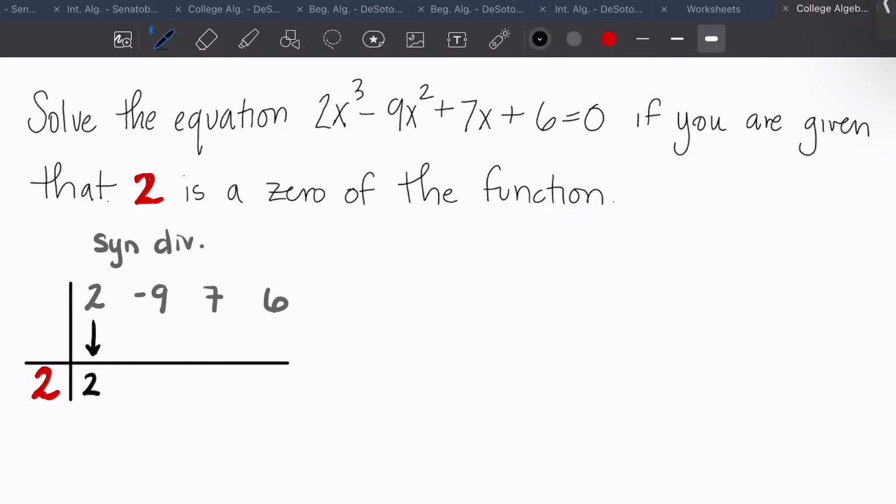So 2 times 2 is 4, -9 plus 4 is -5, -5 times 2 is -10, 7 plus -10 is -3, and we get -6 and 0. You should get 0. It is a 0 of the function, so you should always get a remainder of 0. If it's truly a 0 of the function, you'll get 0 for your remainder.